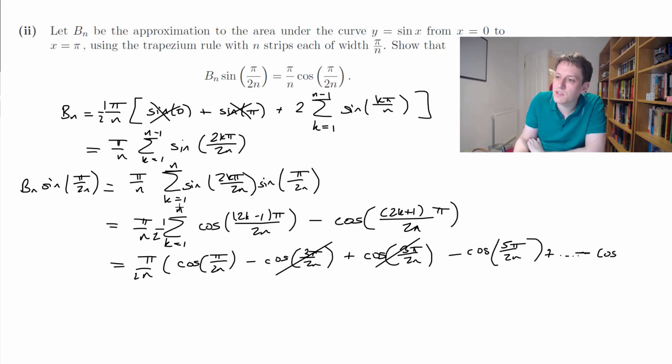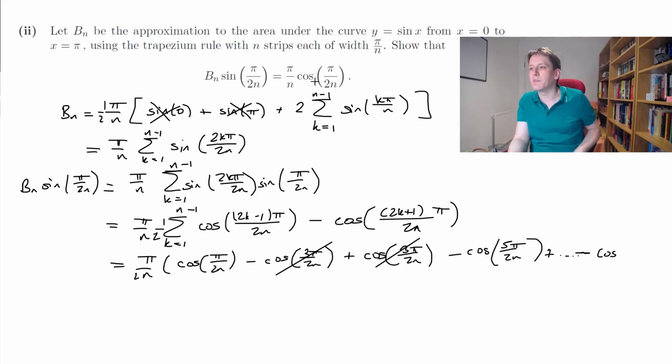I'm going to keep going until I get the last term. Sorry, I'm making lots of little typos today. This sum should be going to n minus 1. That doesn't make any difference, because with n here I would just get a 0 term from the pi, but let me stick to n minus 1 to be consistent.